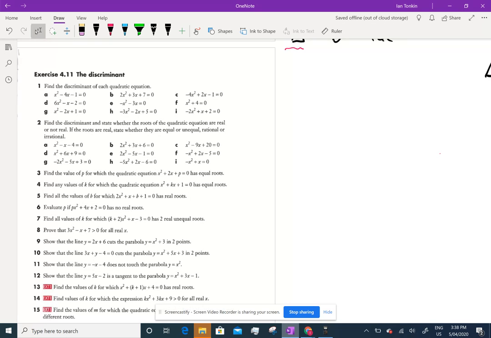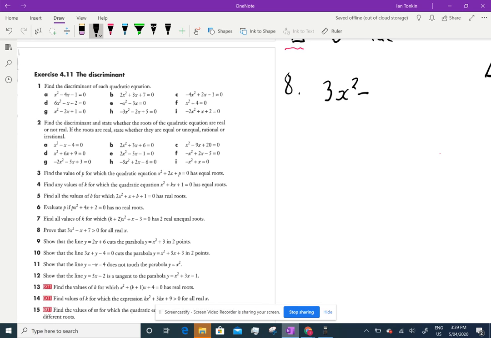So I'm going to do those. Let's have a look at question 8. Prove that 3x squared minus x plus 7 is greater than 0 for all real x.